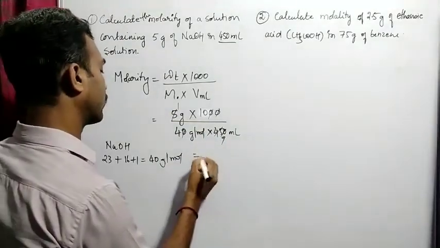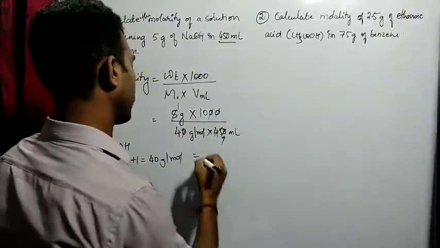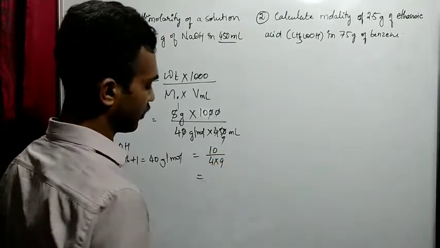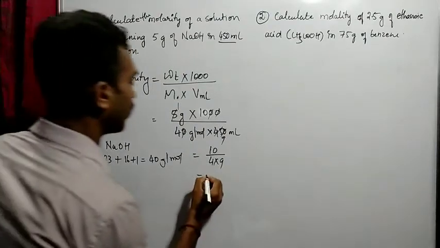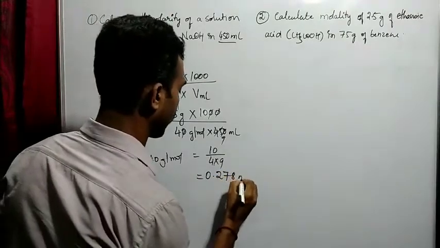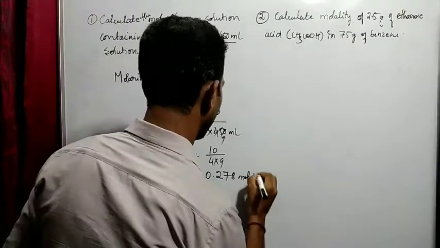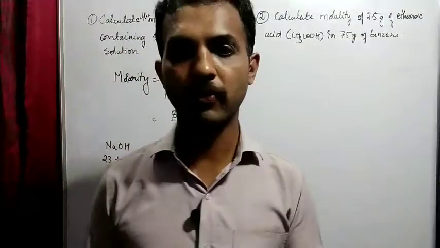In the denominator you have 4 into 9, numerator you have 10. So 10 over 4 into 9, simplified. Finally you are getting the answer nearly 0.278 mole per liter. This is the molarity of that solution.